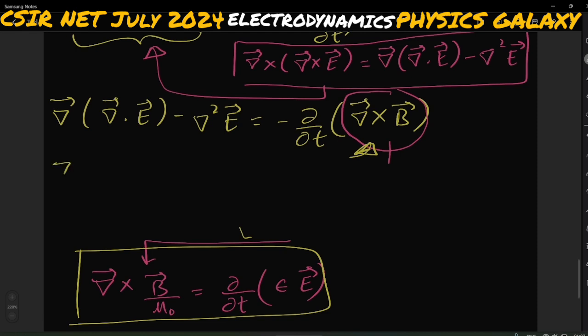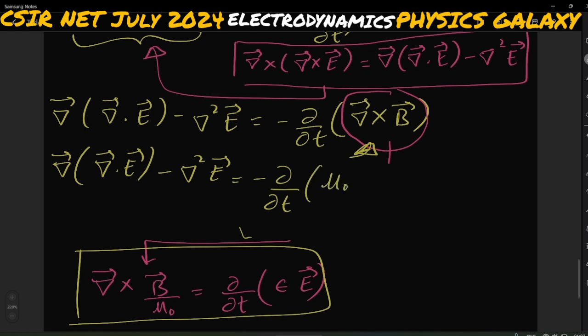So what I will get is gradient of divergence of E minus del square of E equals minus dou by dou t of curl of B, and curl of B is mu naught times dou by dou t of epsilon times the electric field.